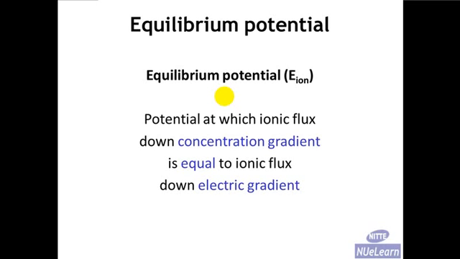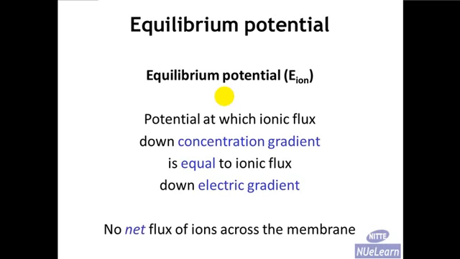Remember, the electric gradient is directed opposite to that of the concentration gradient, and therefore ionic flux down the chemical gradient is equal but opposite to that of the ionic flux down the electrical gradient. So in this state of equilibrium, there is no net flux of ions across the membrane.